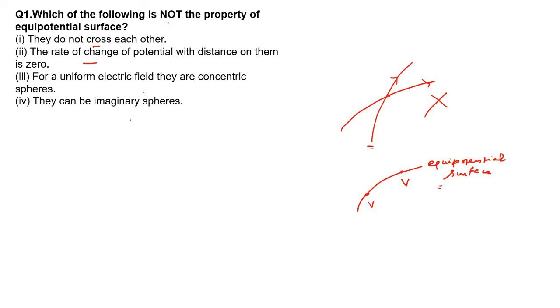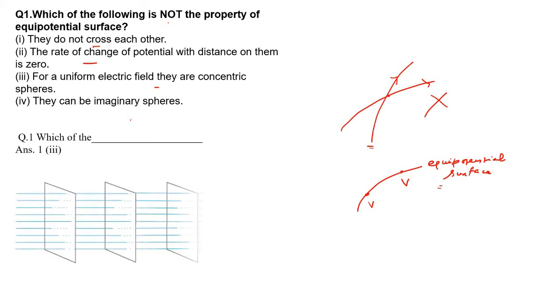Then for a uniform electric field, they are concentric spheres. For uniform electric field, equipotential surfaces are planes. For a uniform electric field, the equipotential surfaces are plane.